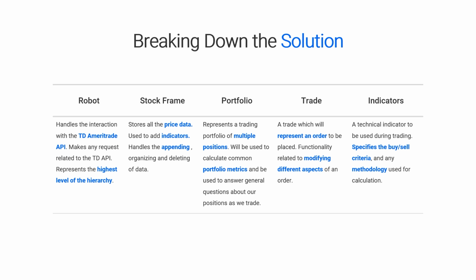So say, for example, I don't want to enter a position if I already have that stock in my portfolio. Well, by having a portfolio object, we can easily ask those questions and then transfer that information to our decision-making process. So our portfolio object will be very useful when it comes to organizing that information and asking questions as we're trading. That's really how I think about it, is that asking questions component.